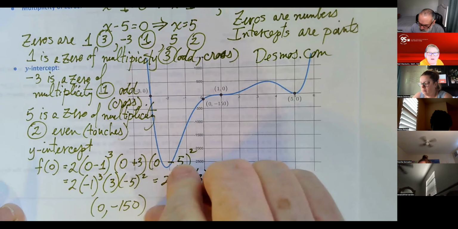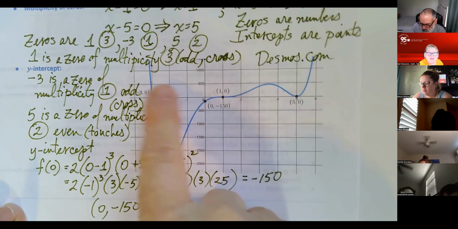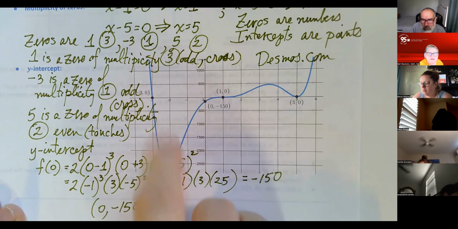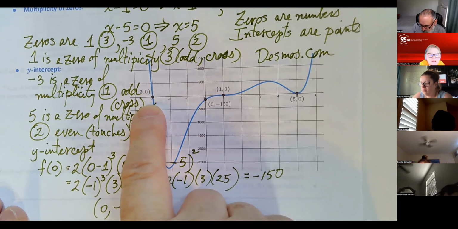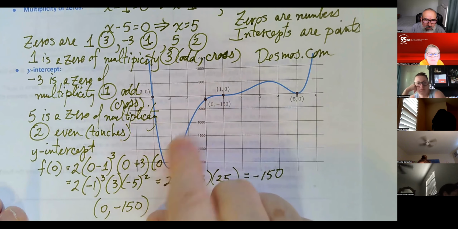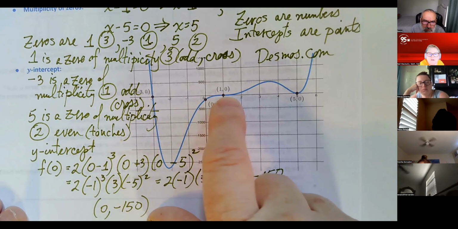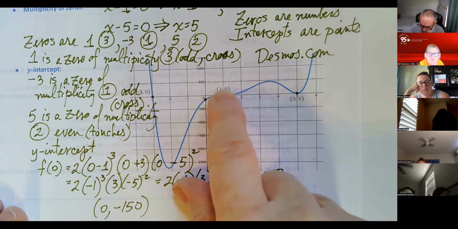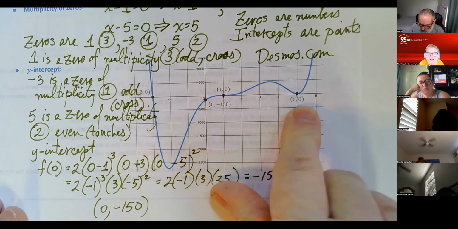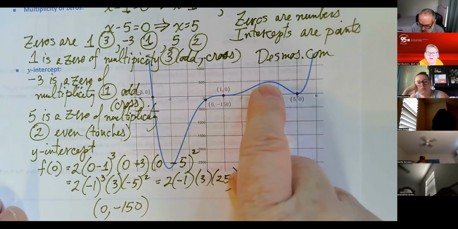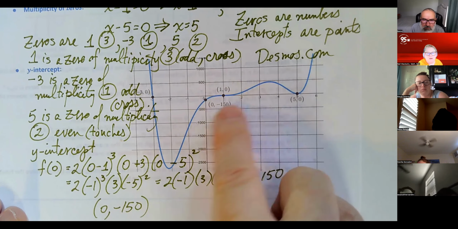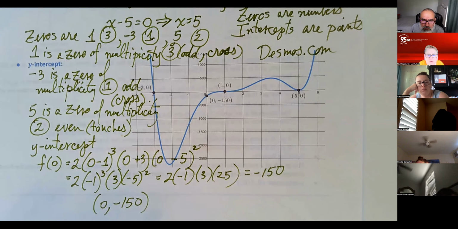If you type in this function, you'll see that it has a really low turning point in between -3 and 1. It flattens out, but does definitely cross at 1, and it touches at 5, but it doesn't go very high in between 1 and 5. That, however, we can't figure out with algebra. It takes calculus. So we don't care.